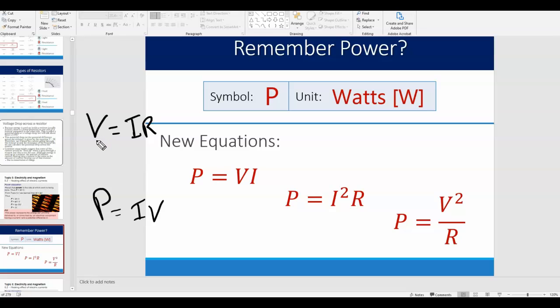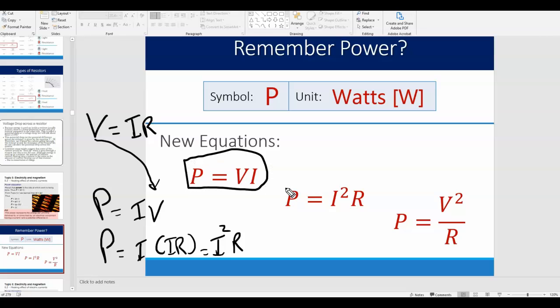For example, if I plug in I times R for V, that gives me P equals I times I times R, which is I squared times R. I could also make the same substitution, replacing I in this equation, and that would give me P equals V squared over R. So there are actually three equations for power, and they're all given in the IB data booklet, so you don't need to memorize them.